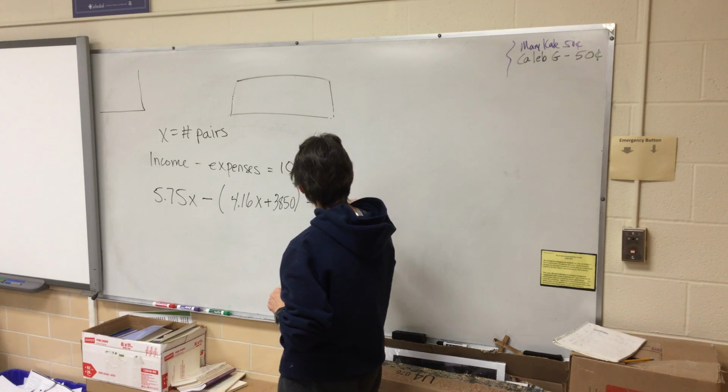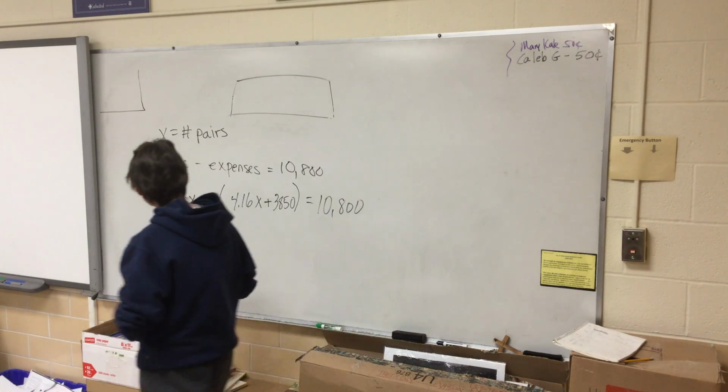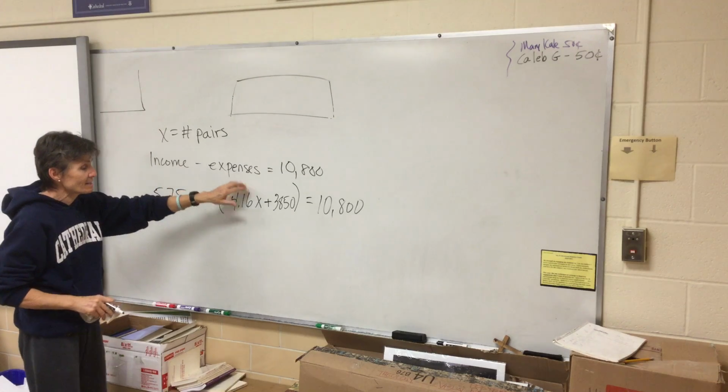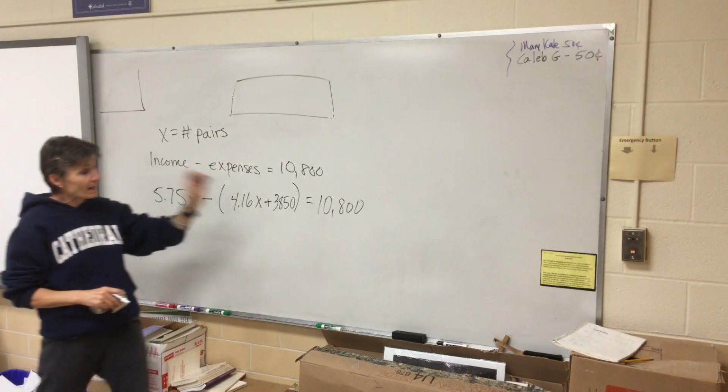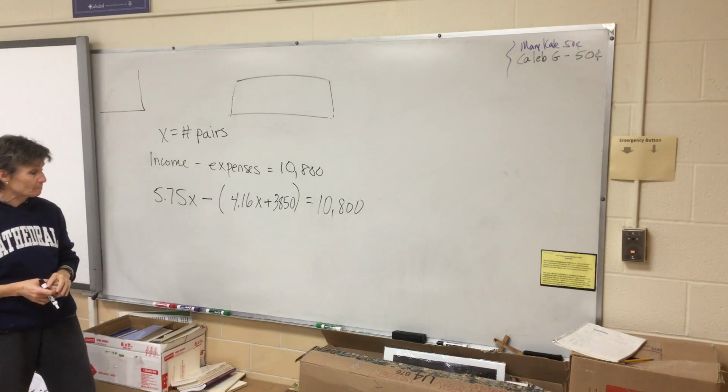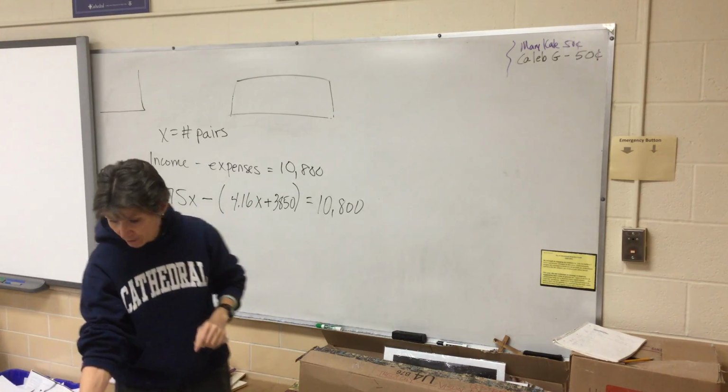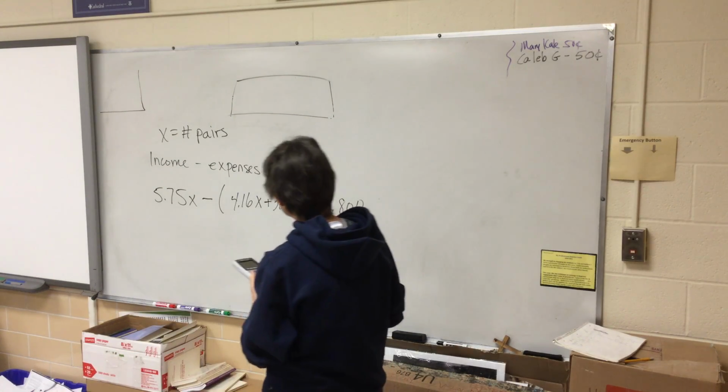There's your equation. Very simply, income minus expenses. That's what your profit is. And we know he needs to end up with this much at the end of the week. So we should be able to solve that without too much trouble.